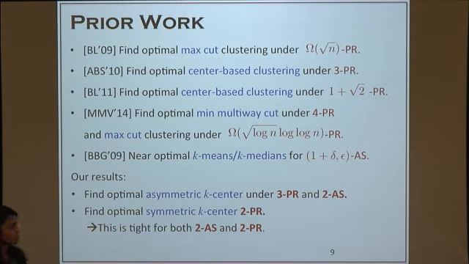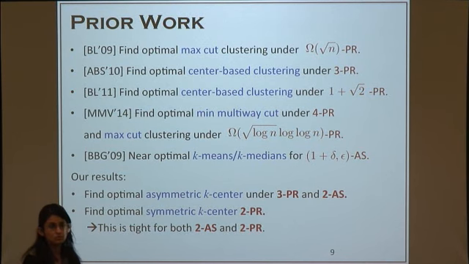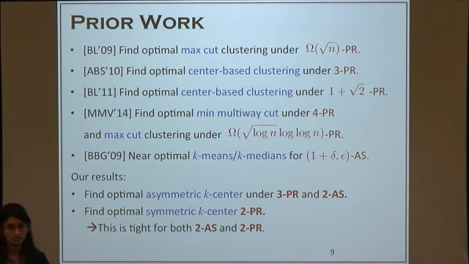And if you have 2 approximation stability, you can also find the exact solution. We also show that, but I'm not going to go through it in this talk as much, that both of these are tight. So anything under 2 perturbation resilience or 2 approximation stability for K-center, both symmetric and asymmetric, stays hard. Finding the optimal solution stays hard.